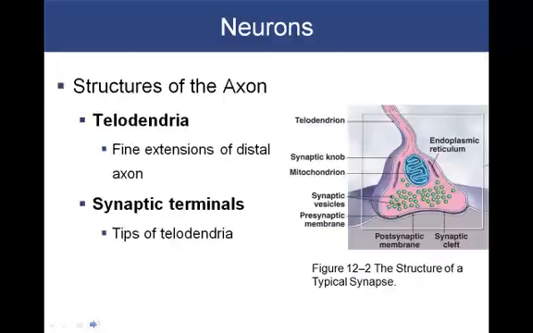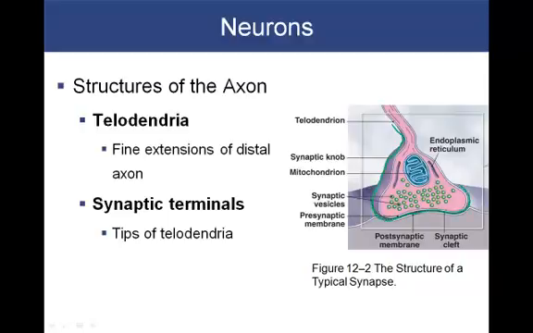The axon terminates in fine extensions that are known as telodendria, and telodendria will terminate in synaptic terminals, and this is something we've seen when discussing the neuromuscular junction.